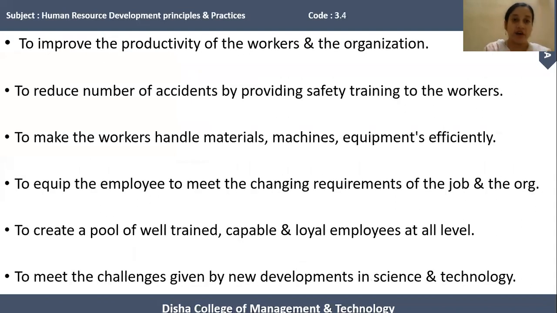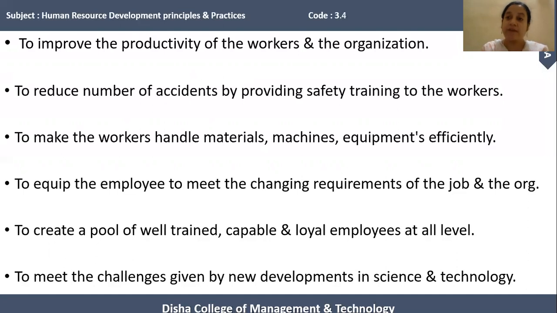Next objective of training is to improve productivity of the workers and the organization. The ultimate objective of training is to improve the productivity of workers and the organization. By providing training, the trainer imparts the required skills and knowledge to our human resources, so that fulfills the gap between the skills the organization requires and the skills the human resources have.